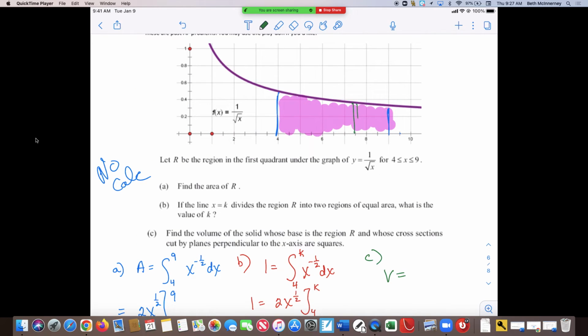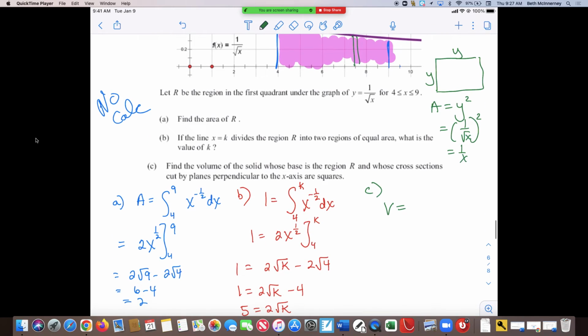So if I were to draw this, the square is y. So that's y squared, or 1 over the square root of x squared, which is 1 over x. So here's my volume. I'm going to do the integral from 4 to 9 of 1 over x dx. Well, what is the integral of 1 over x dx?